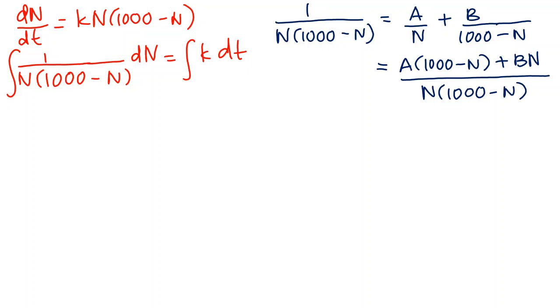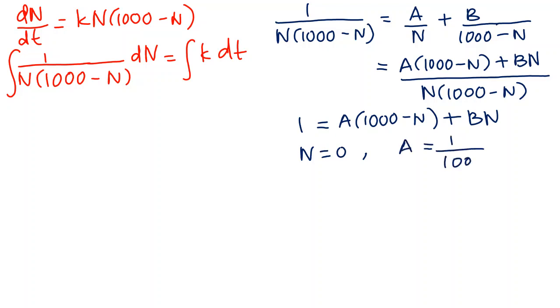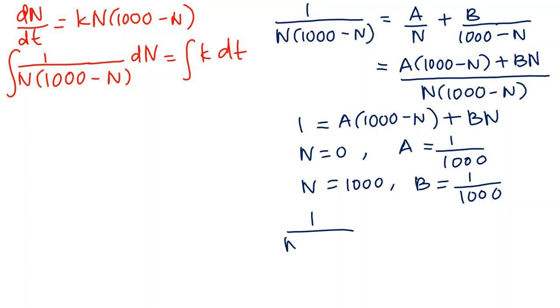Now we're going to compare the numerators, where we have 1 equals a times 1,000 minus n plus bn. When n equals 0, then a equals 1 over 1,000. And when n equals 1,000, the value of b is also 1 over 1,000.